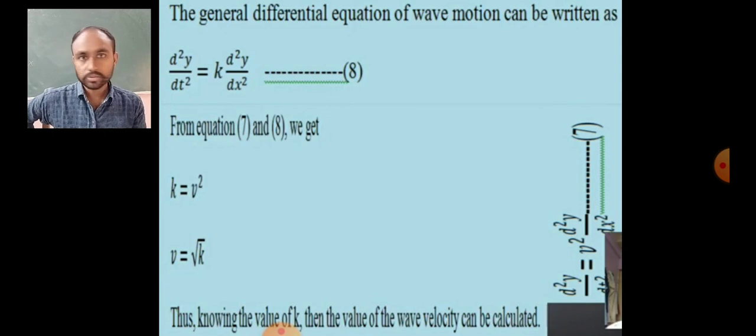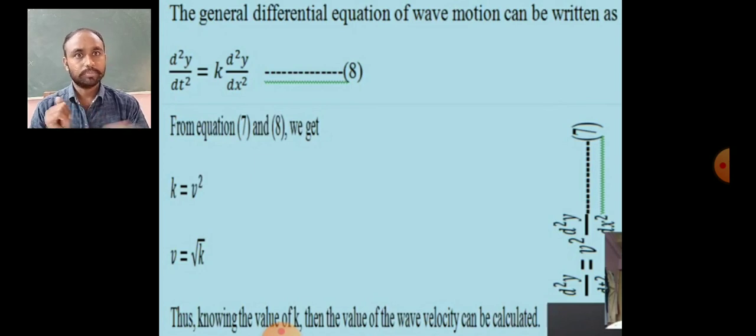What is v? v is the wave velocity, and that k, if we are talking about a box which is attached to a spring, and the box is performing simple harmonic motion, is known as the spring constant. Okay. So, it varies according to the system. If a box is attached to the spring and we displace that box by the amount x, and the box is performing simple harmonic motion, then that k is also known as the spring constant.